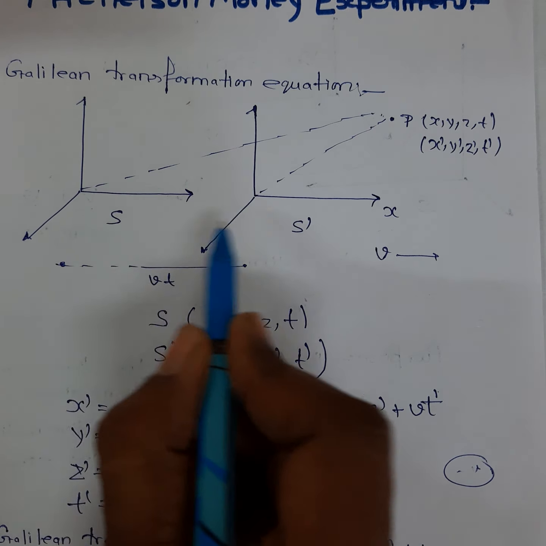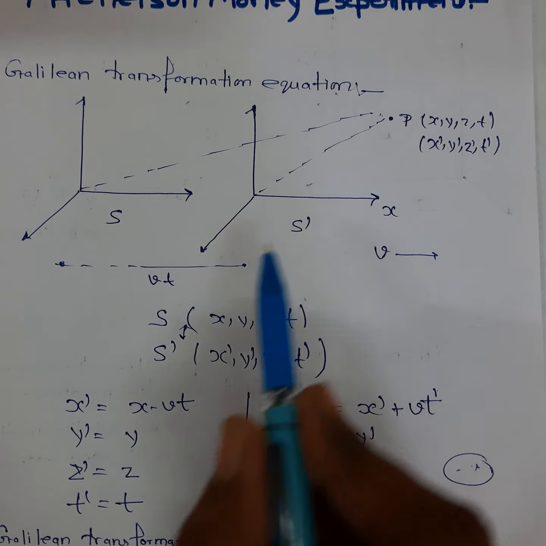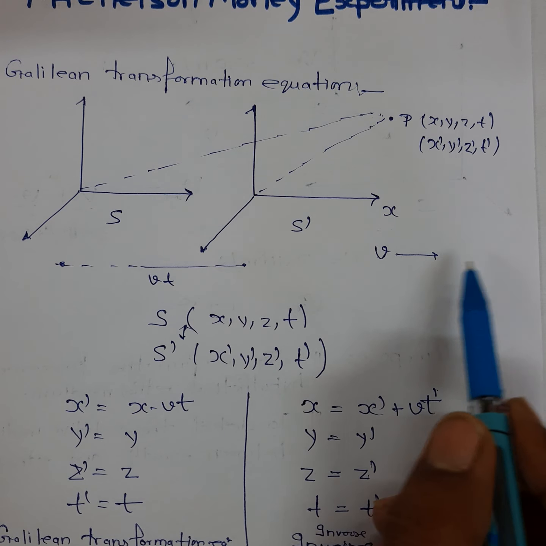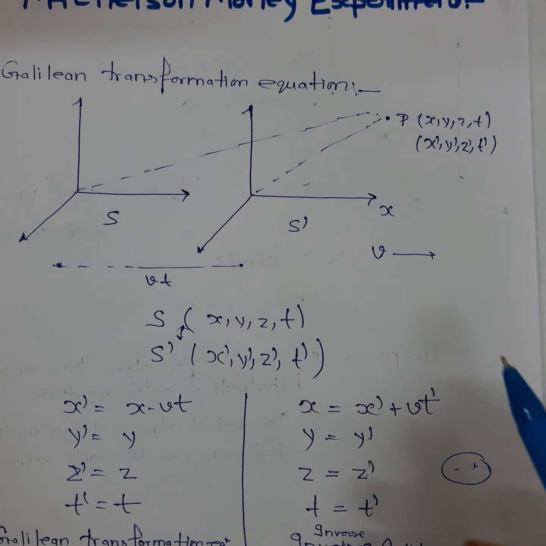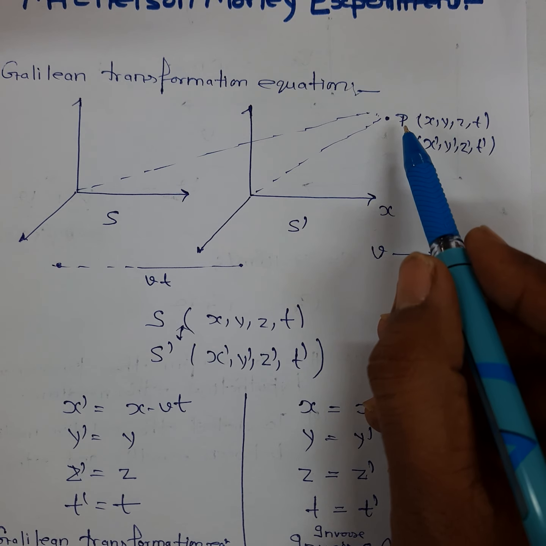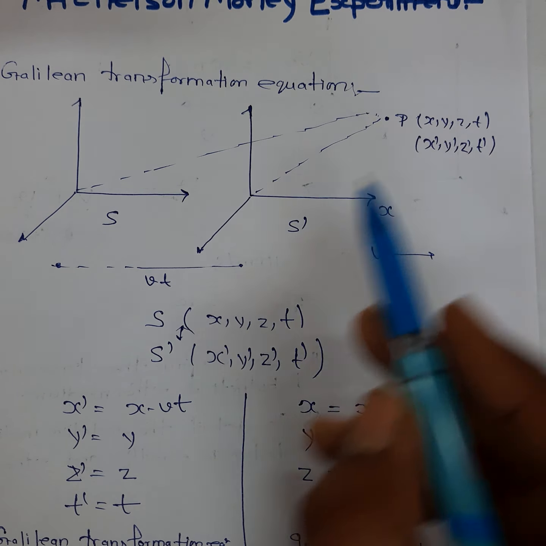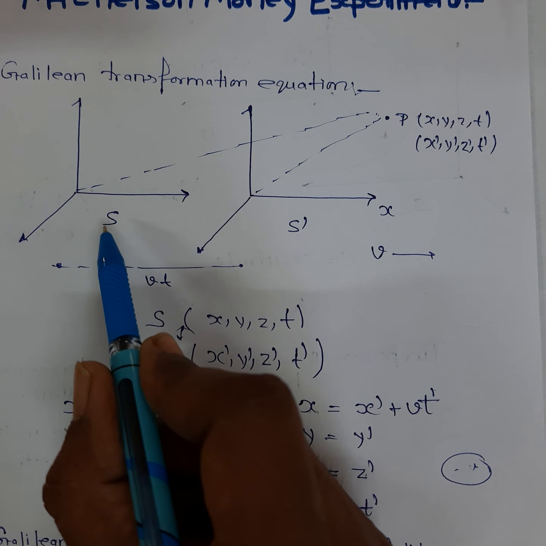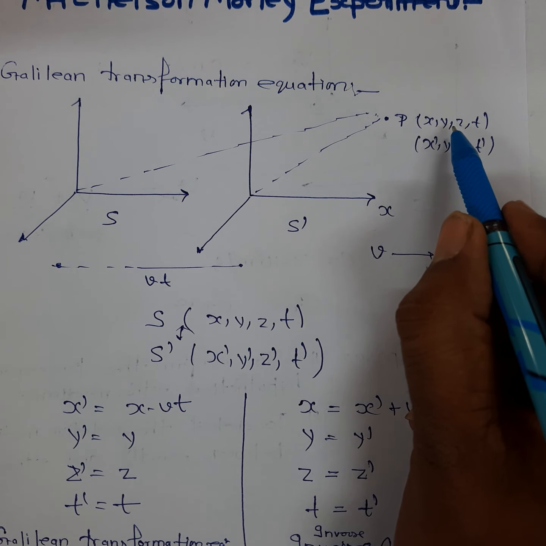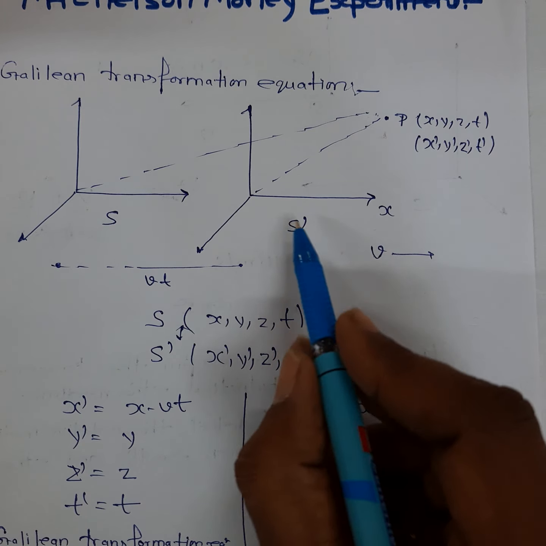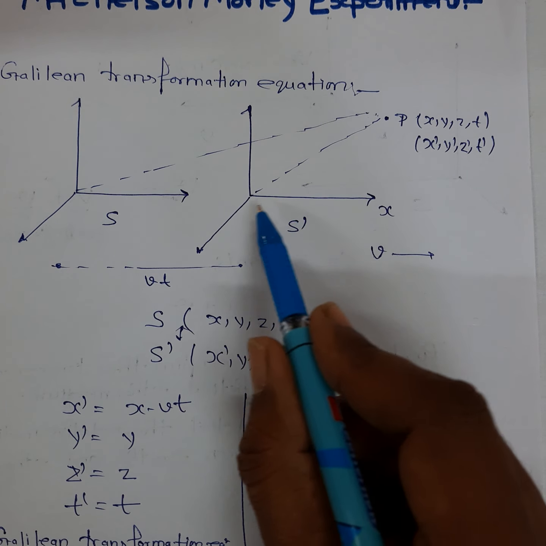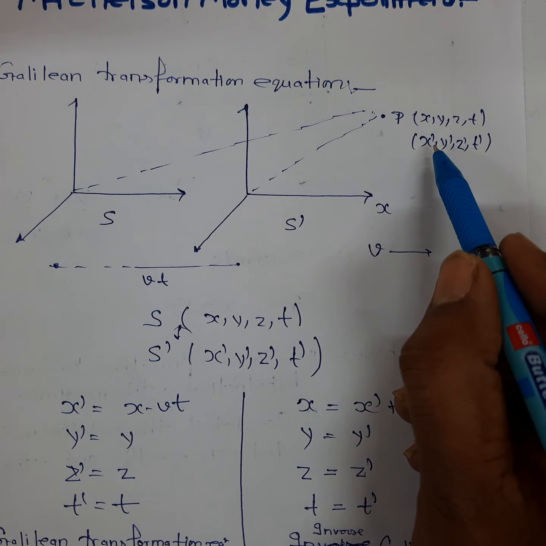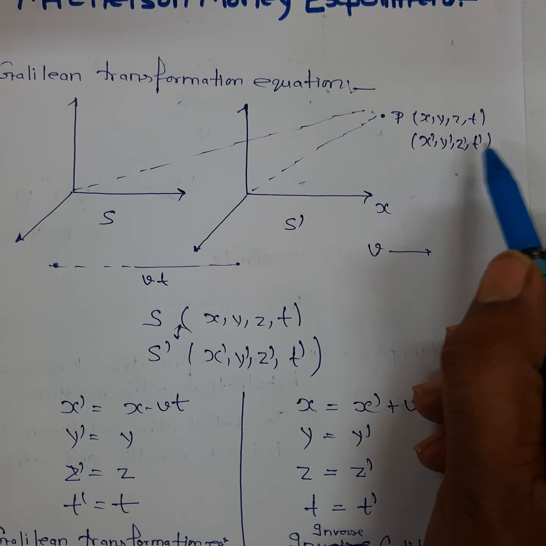Here, there are two frames of reference, S and S dash. S dash is moving with velocity v, and suppose some event takes place in space at point P. Then the observer of the S frame of reference will note its coordinates as x, y, z, t, but the observer of the S dash frame of reference will note its coordinates as x dash, y dash, z dash, and t dash.